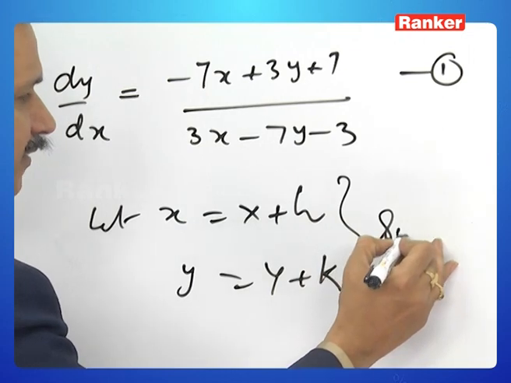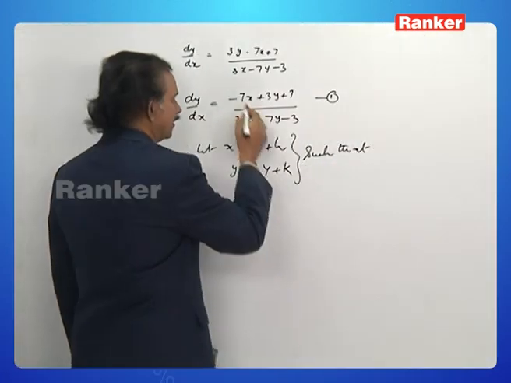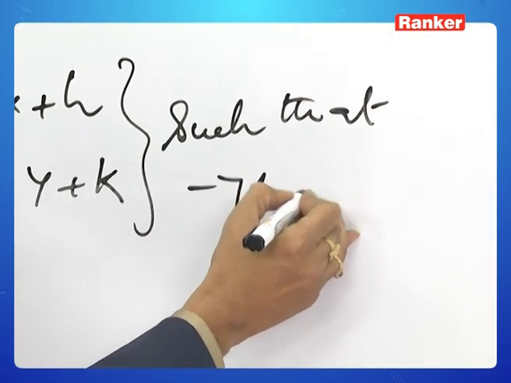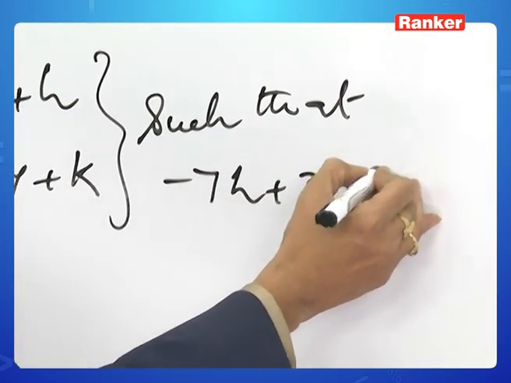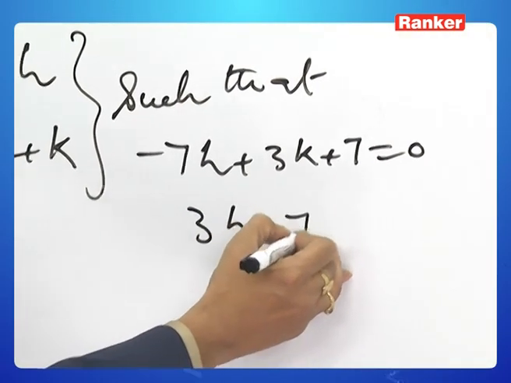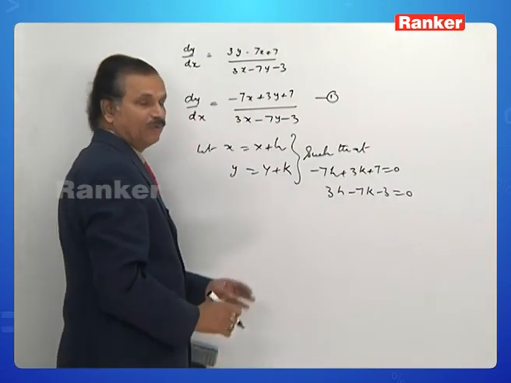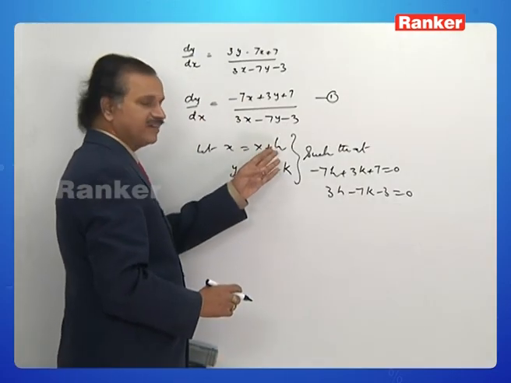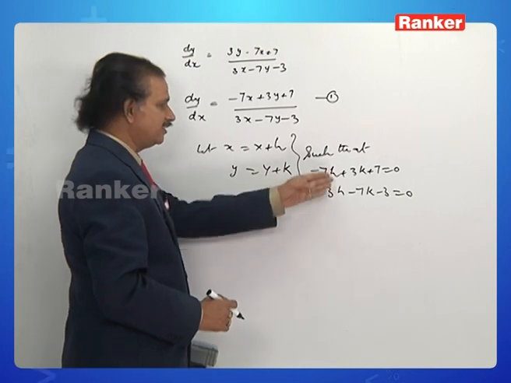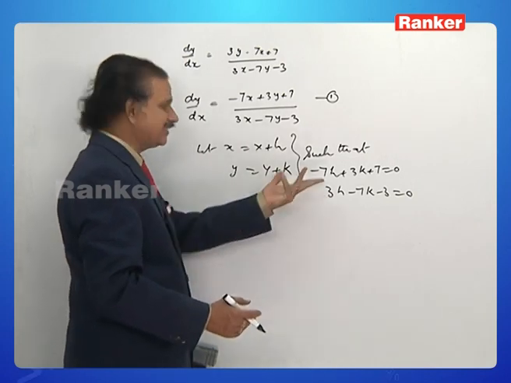Such that, come on, minus 7h plus 3k plus 7 is equal to 0 and 3h minus 7k minus 3 is equal to 0. We are choosing small h and small k in such a way that these two happen. What is the benefit of getting like that?